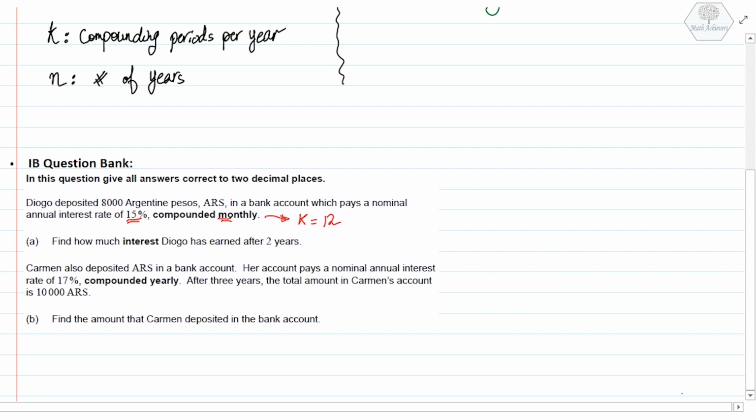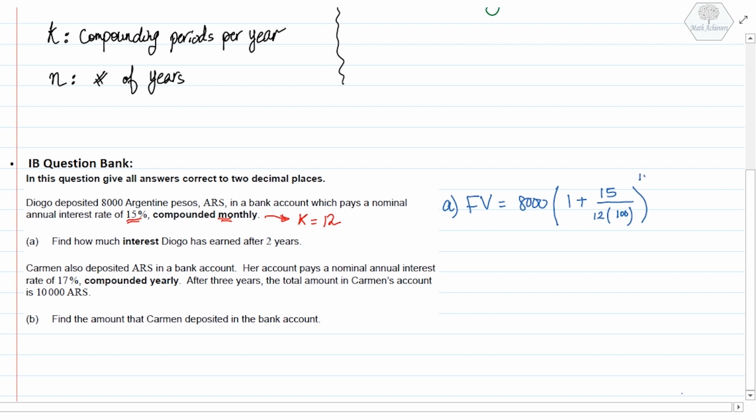Okay, now we need to find the future value. For part A, the future value is equal to the present value, which is 8,000, times (1 plus the interest rate, which is 15, over K times 100, K is 12 times 100), all of it to the power of K times n.